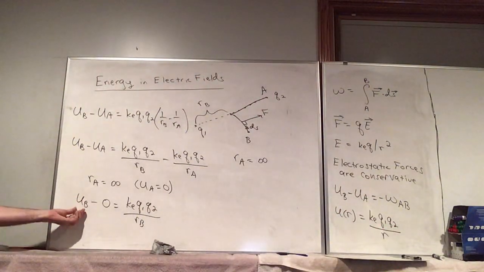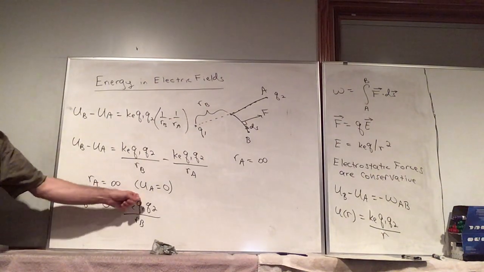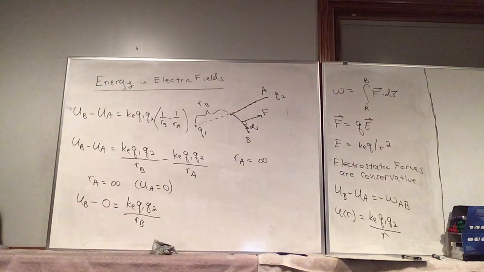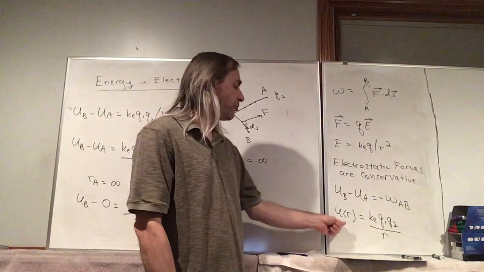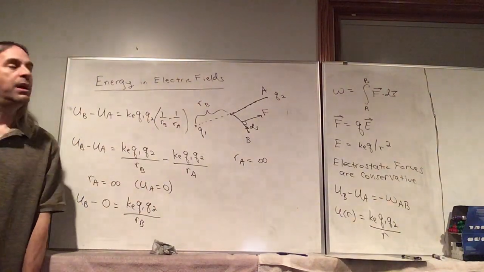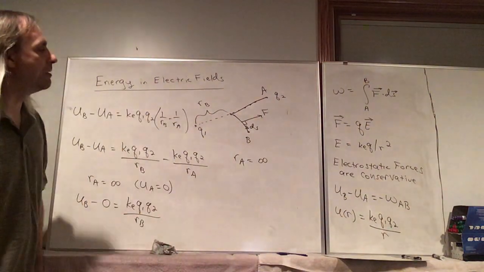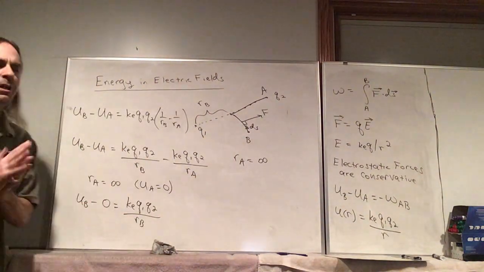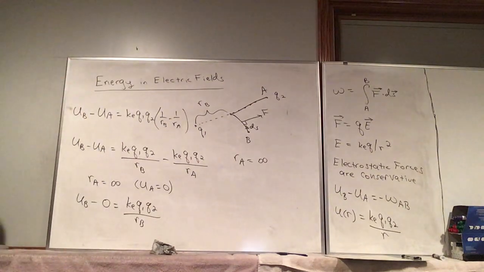So just UB, that's the potential at some distance r. That'd be KE Q1 Q2 over r. So that is our potential energy function for electrostatic fields. And again, that was about 39 minutes just to get to that result, which was not that complicated a calculation the way we wound up eventually doing it.